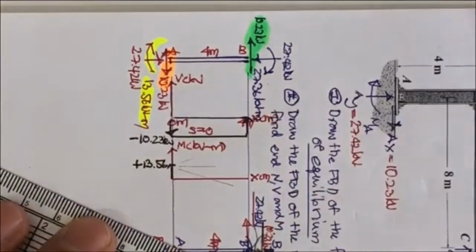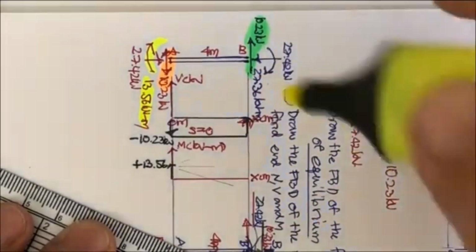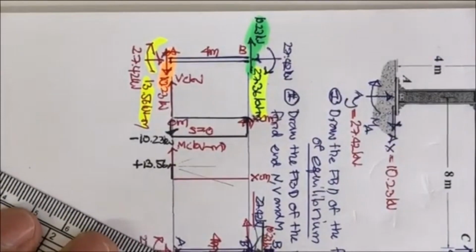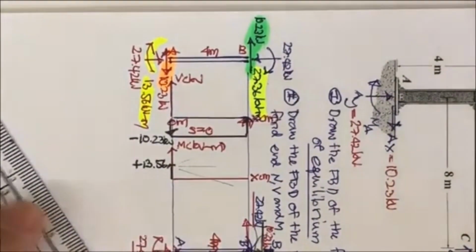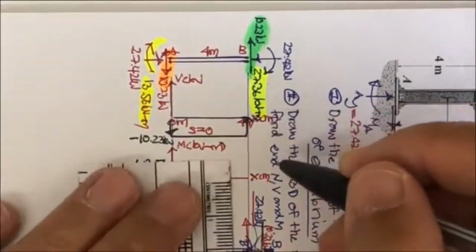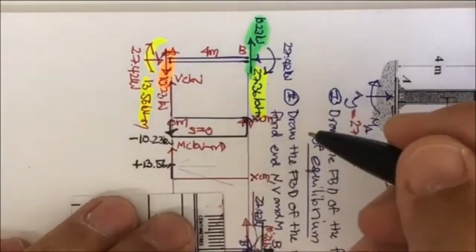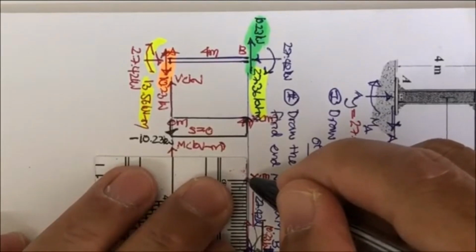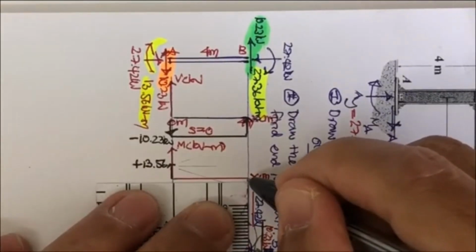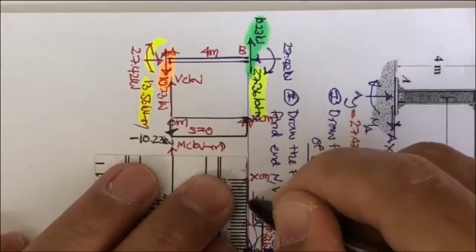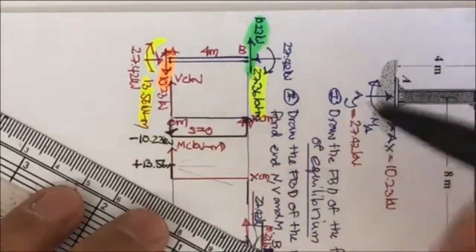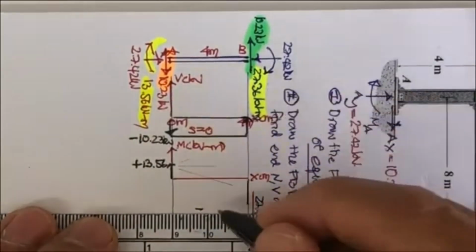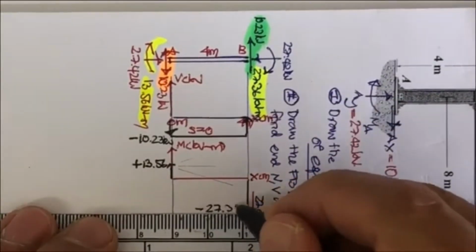Actually, if you are really good on this, you can see there is the moment here of 27.36. Okay. If you don't care much, you may get directly into this. This is going to be 2 times of this, about that. Okay. This is going to be a little bit larger than that. Yeah, okay, this is going to be like this, and this one is going to be minus 27.36.